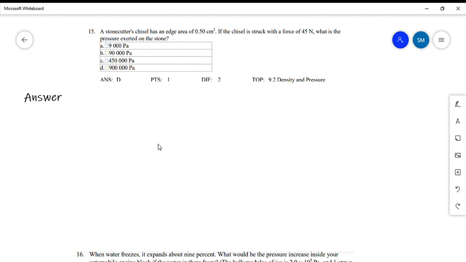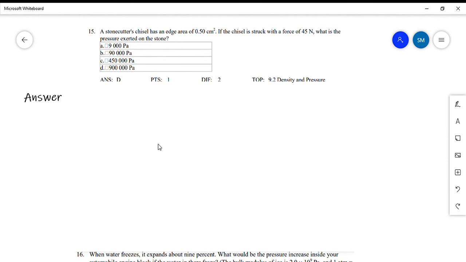Don't be confused by the way he gave you the question, the high vocabulary, if you don't speak English fluently. You have the area, you have the force, you want the pressure. Very simple. Pressure is equal to force over A. But the only point in the question is to convert 0.5 centimeter square to meter square. How can we do this? To convert from centimeter square to meter square, we have to divide the area by 100 times 100.